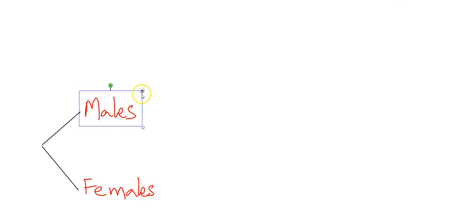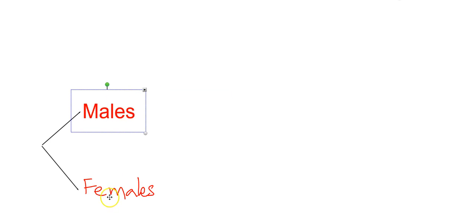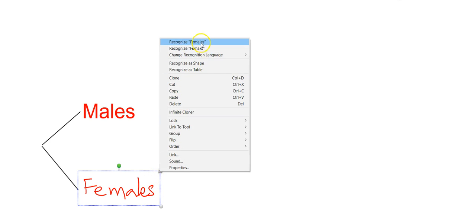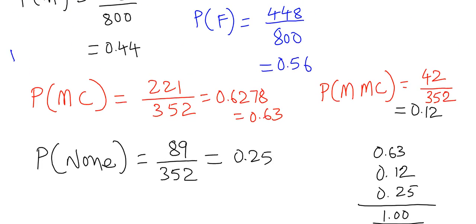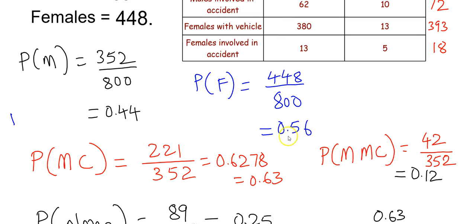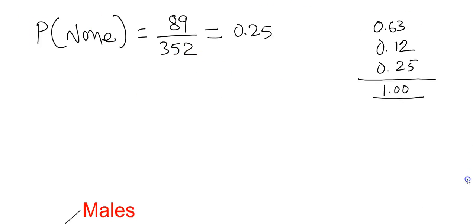Now we have here males. From the total students, we have males here, and there females. All right, these are males, females, and the probability of finding the male here is 0.44, female 0.56.